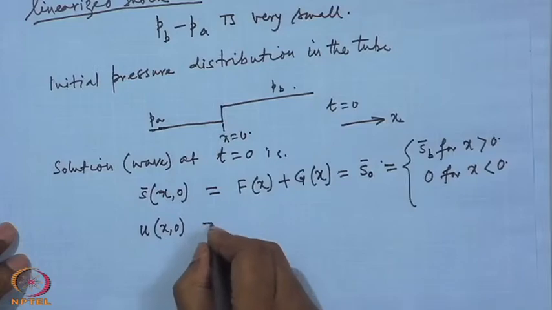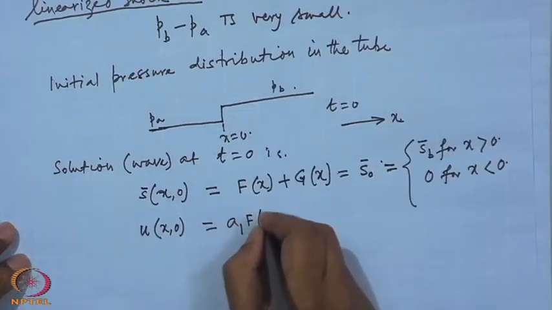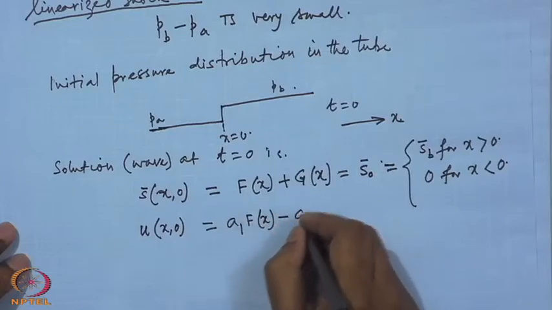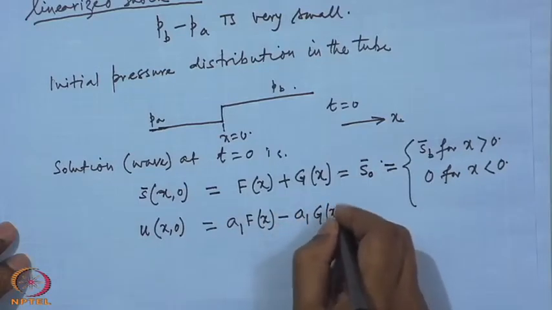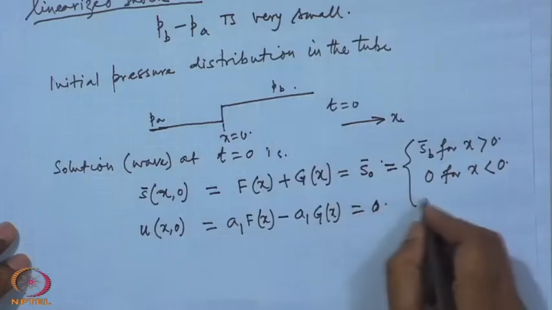So, we can write a 1 f x minus a 1 g x equal to 0 for all x.